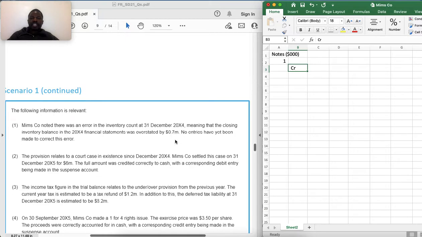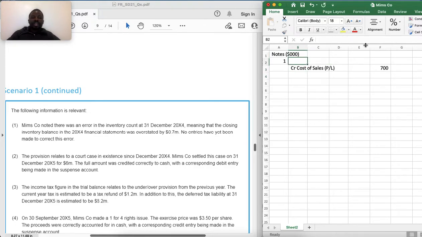So this 700 included in opening inventory of 20x5, and the opening inventory is also in cost of sales. So as we have said, the opening inventory reduces profit, so we need to increase the profits by 700 for this year. So credit the cost of sales found in the statement of profit or loss.